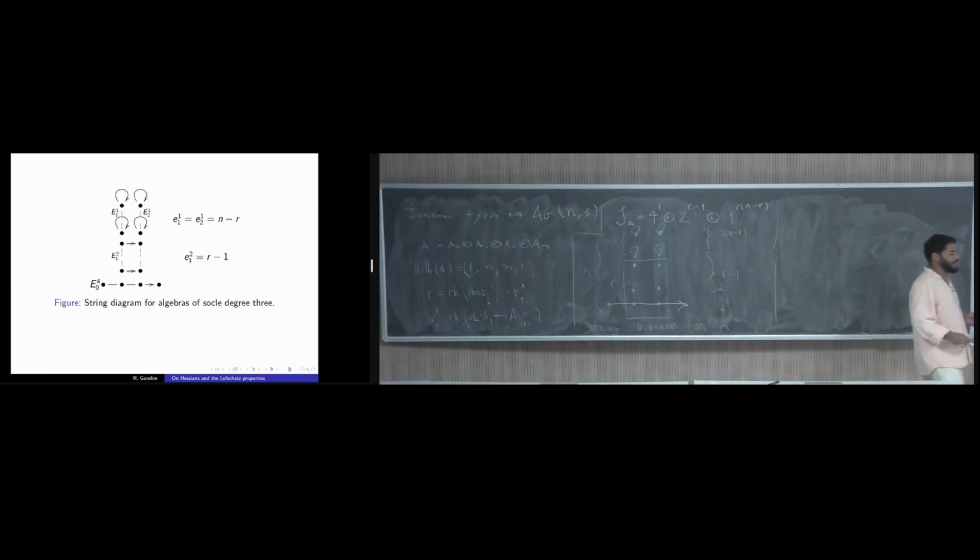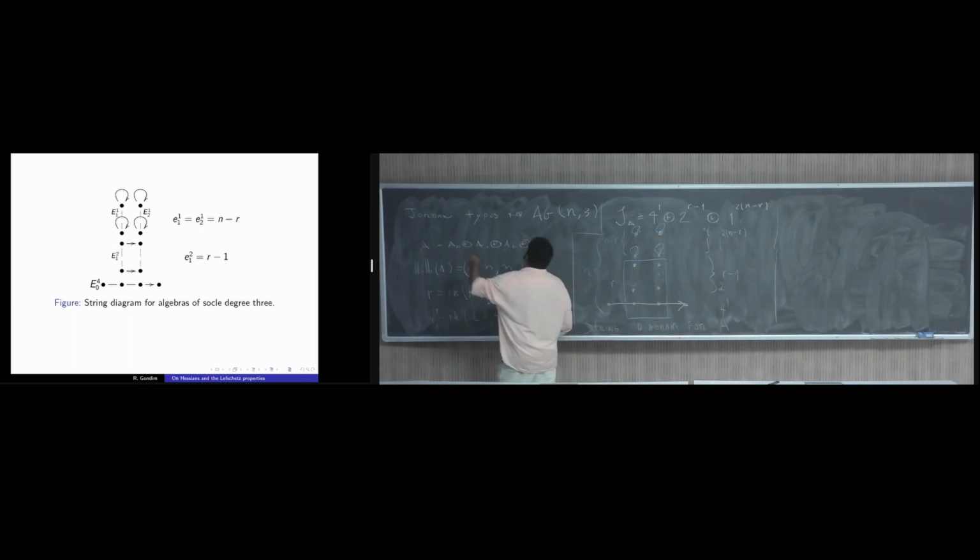But the real question is, are all of those diagrams actually real Jordan types for a given codimension n?